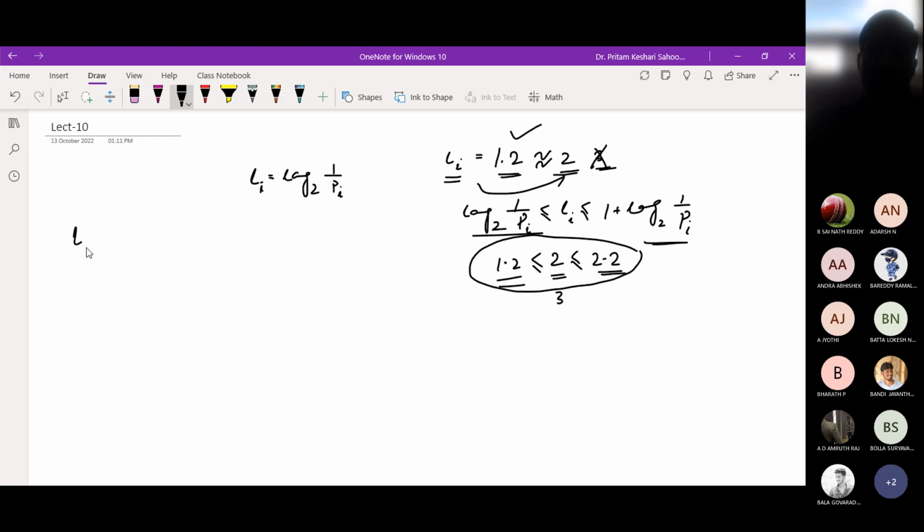So what does li represent? li is the length of the ith code word.